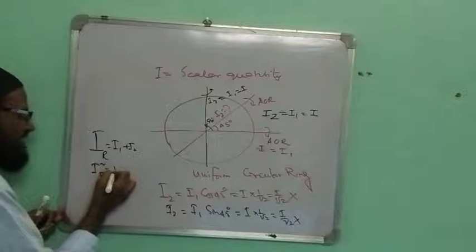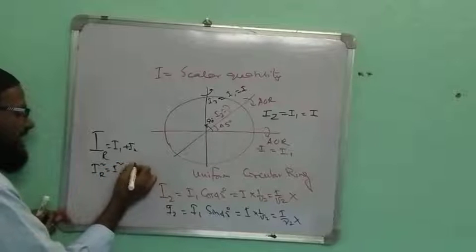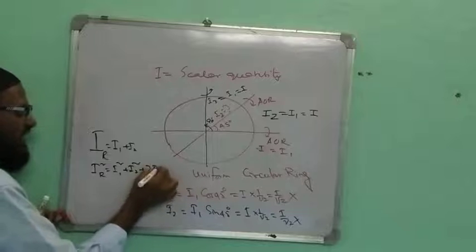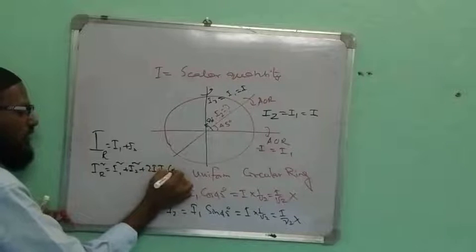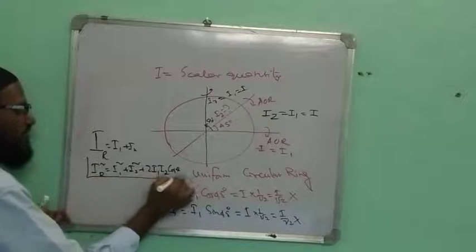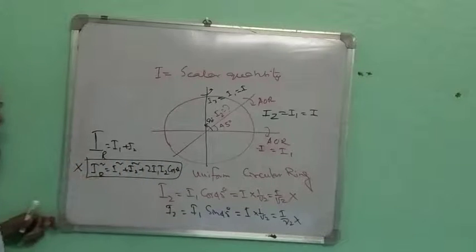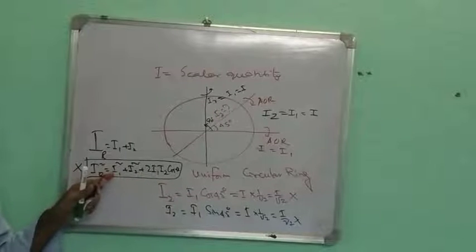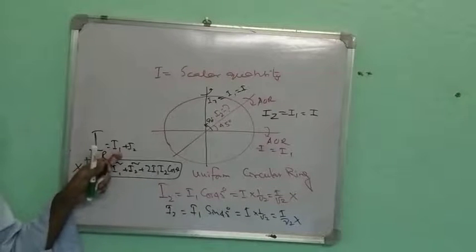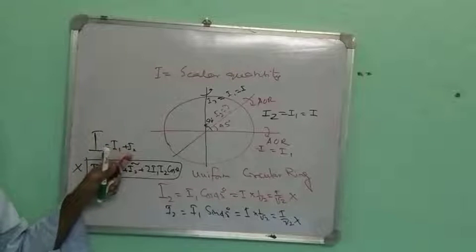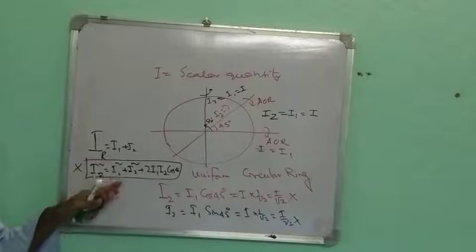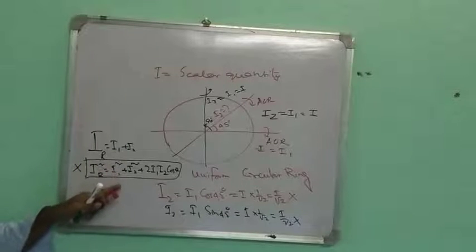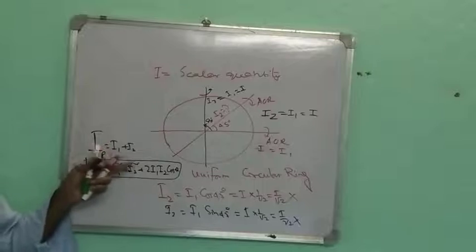I square equal to I1 square plus I2 square plus 2 I1 I2 cos theta, this formula is not applicable, because that would be for a vector quantity. Simply I resultant equal to I1 plus I2 applies. This is a scalar quantity.